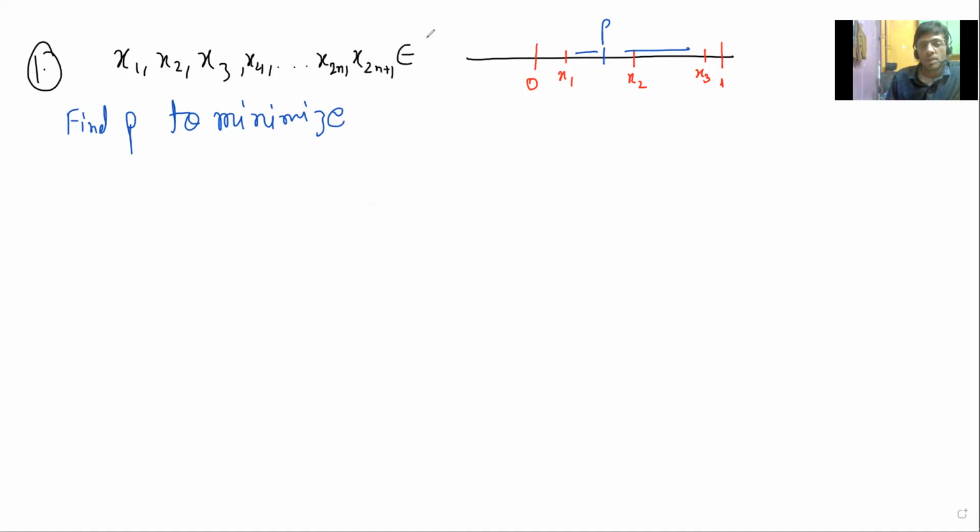Now we have 2n plus 1 things in 0 and 1, and they are all in increasing order. That's important. And you can always arrange it. And you want to find a P which minimizes this thing.